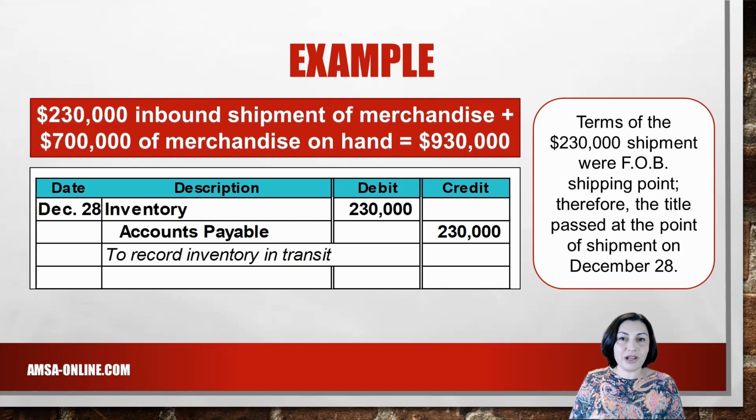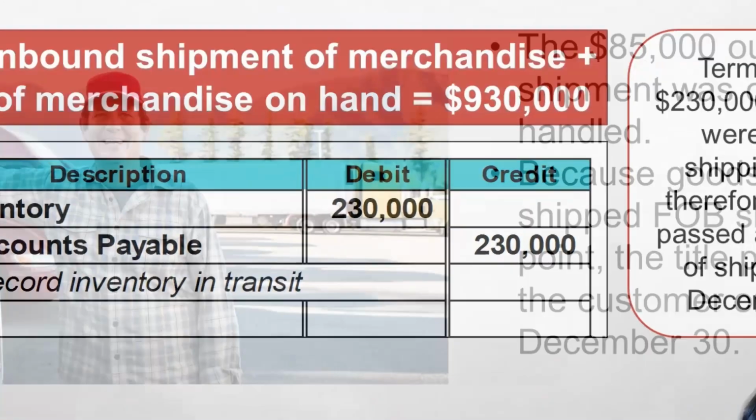Therefore, the title passed at the point of shipment on December 28th, and the goods were the property of the buyer, Software City, while in transit. In addition to the $230,000 increase in inventory, accounts payable would be increased by $230,000 to reflect Software City's liability for the goods in transit at the end of the year.